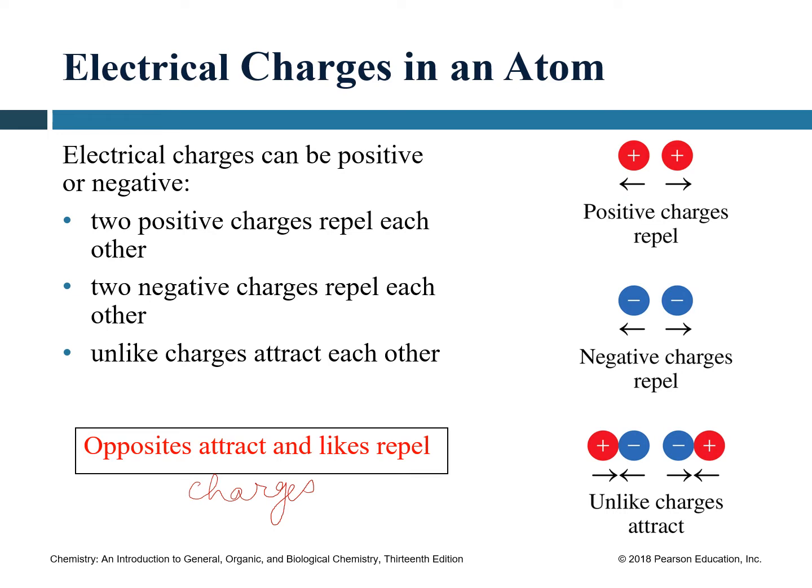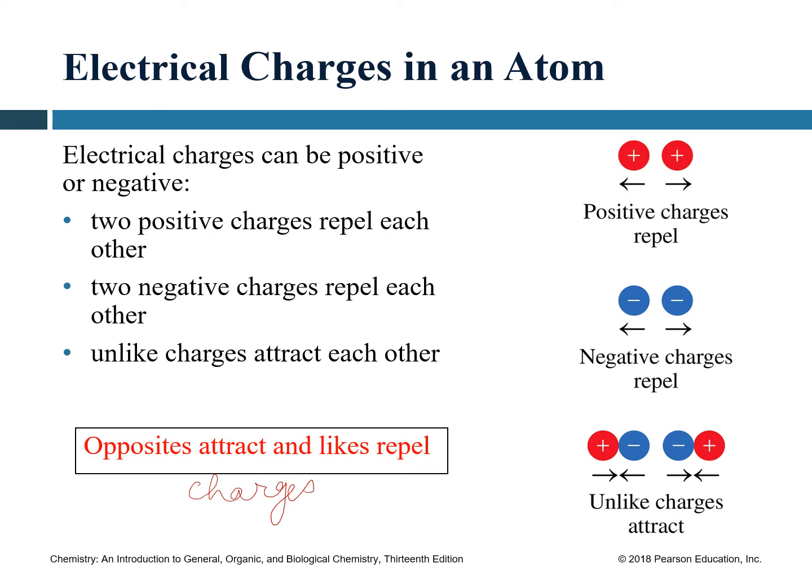That essentially means that if I have something which is positively charged and I bring it close to another positive charge, it is going to repel. The two positives are going to repel each other. Similarly, if you bring two negatively charged objects closer to each other, they are going to repel each other and try to be away from each other as much as possible.